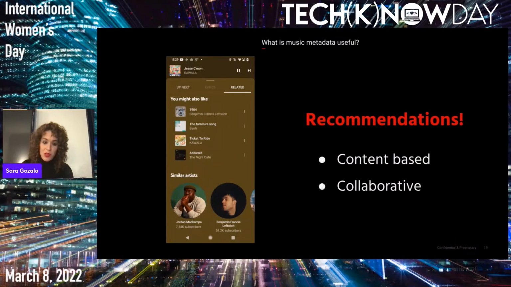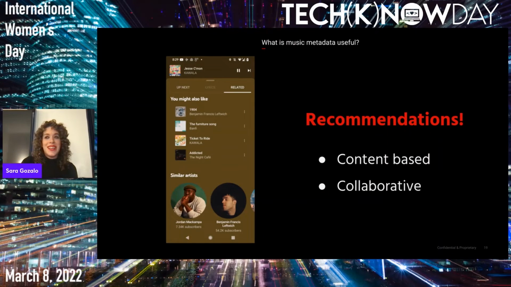It's not only that, we also have some recommendations around collaborative filtering. So basically, if I like something and I like another artist, maybe someone who likes one of these might like the other artist. This is a really simplistic way of explaining music recommendations. But what I want to say is music metadata is extremely important for this, and without it, we would not be able to do it.